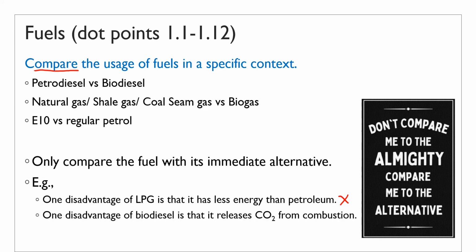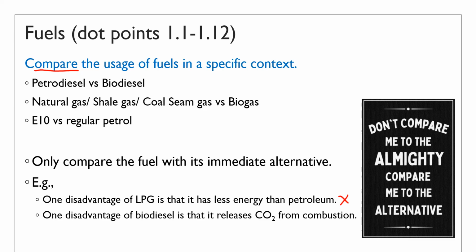Okay. Another example that I think is also not really good is to say one disadvantage of biodiesel is that it releases CO2 from combustion. Again, it's a feature. Is it a disadvantage? It's not really, unless something else can supply energy without releasing CO2 from combustion. So if you have two fuels, they both release CO2 from combustion.